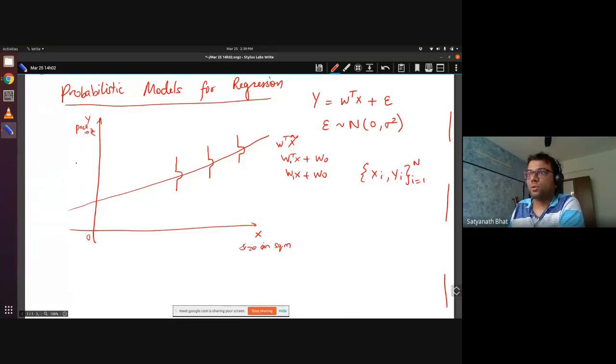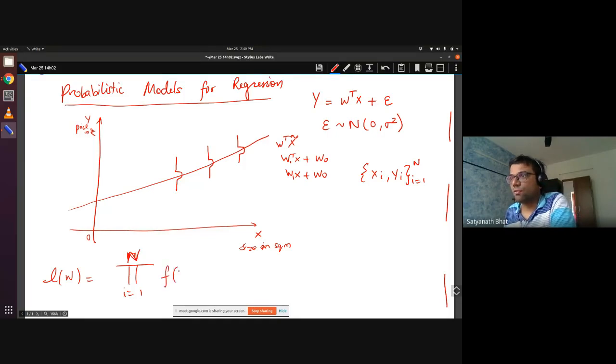So we have to do likelihood of W in terms of W. That is nothing but product i equal to 1 to capital N of f of yi given xi, w and sigma. I'm assuming I know sigma, but W is what I'm trying to optimize over.